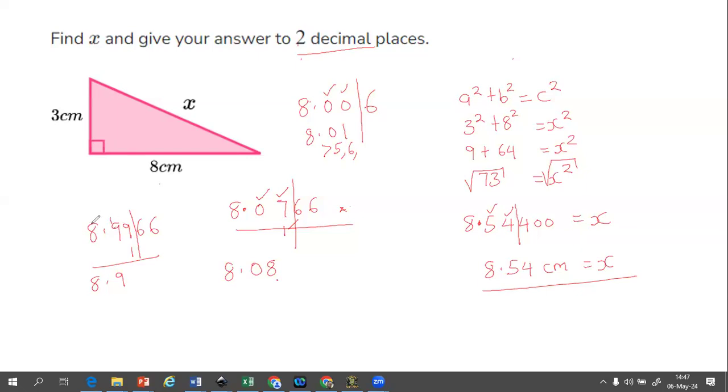Also, I carry on the 1. So I will end up writing 9.00. Hope that is very fine. Okay, so I think we are good to continue with the next part.